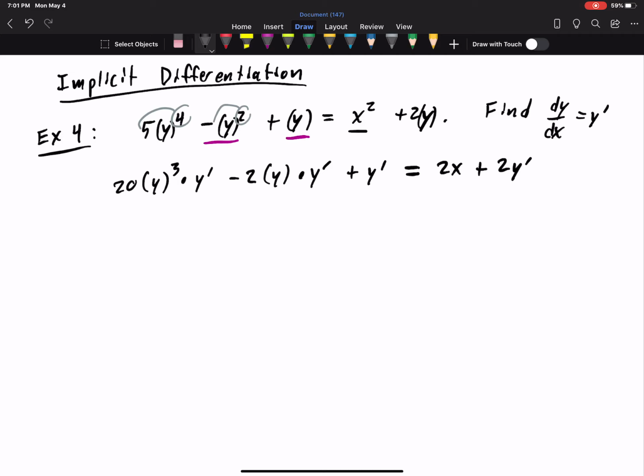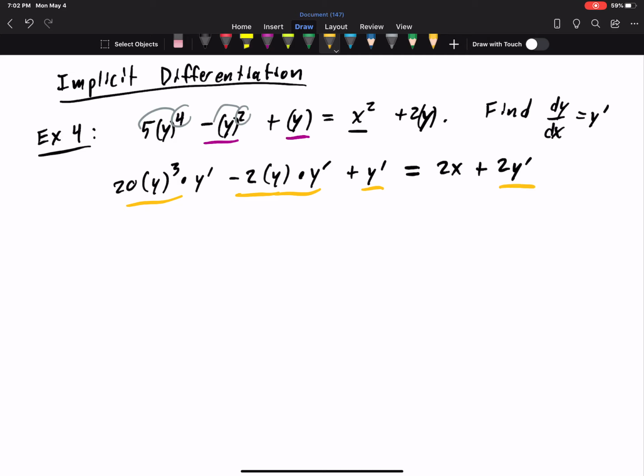All right? The next step is to get all of your y prime stuff on one side and all of your non-y prime stuff on the other. So notice that everything on the left-hand side has a y prime attached to it. We have a y prime thing over here on the right-hand side.